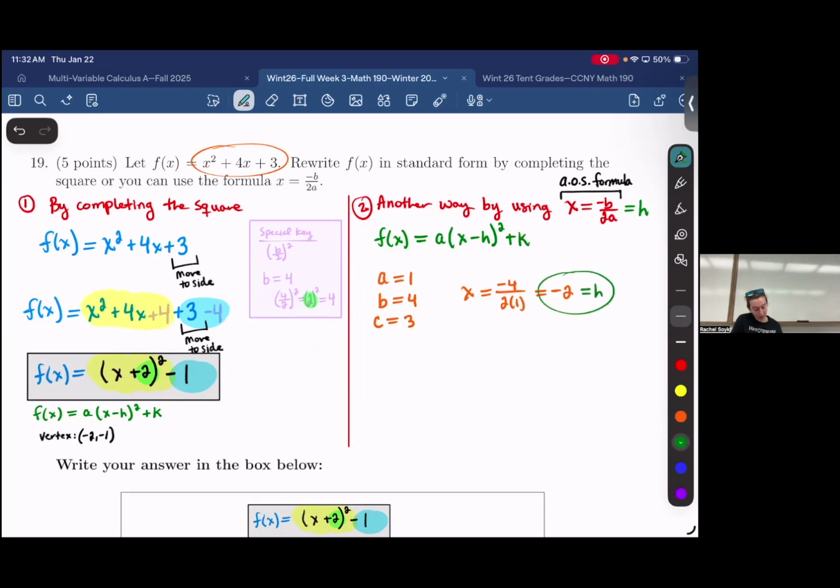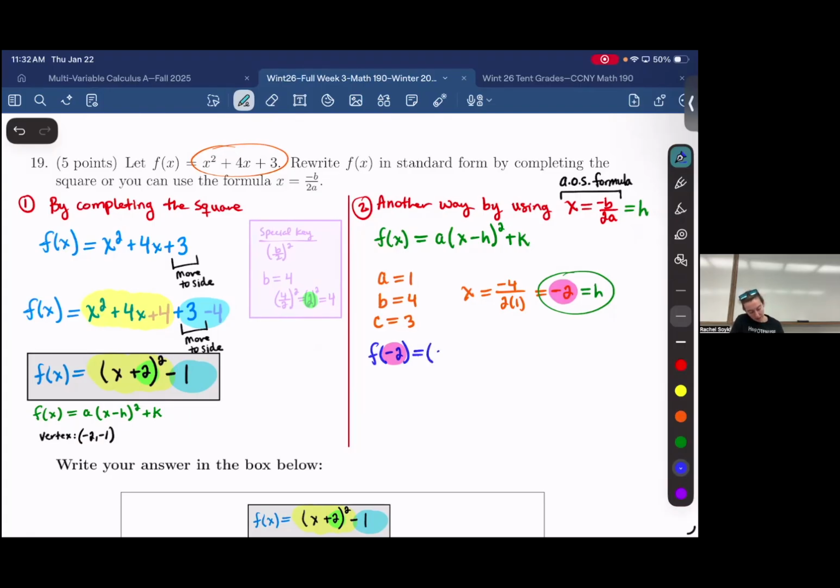How do we find our k? We plug in the -2 into our function. Okay, we plug it into our function to find our vertex, aka our h comma k.